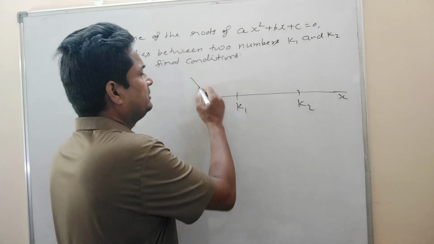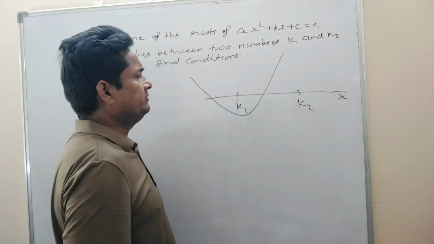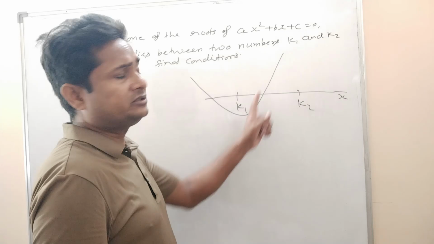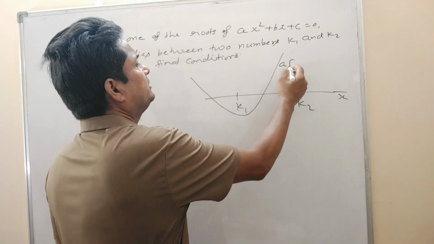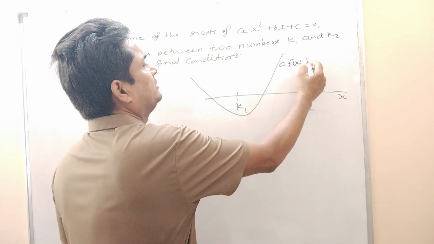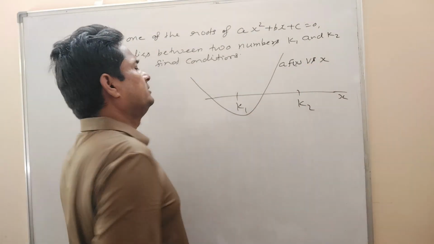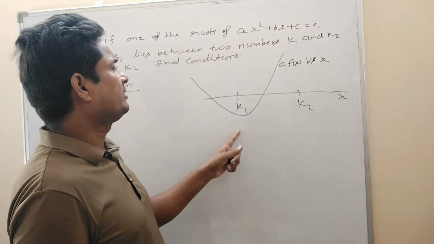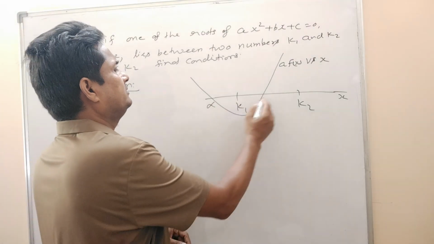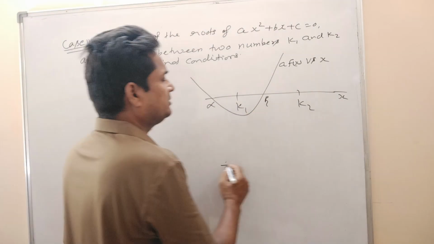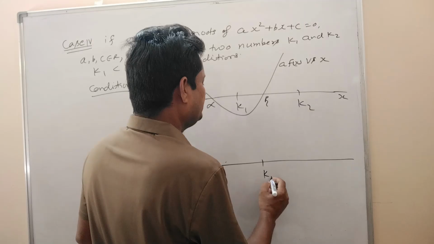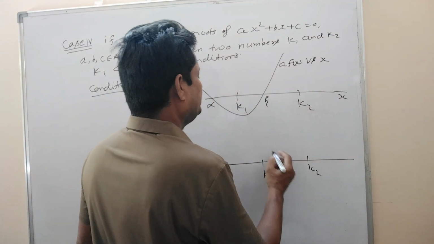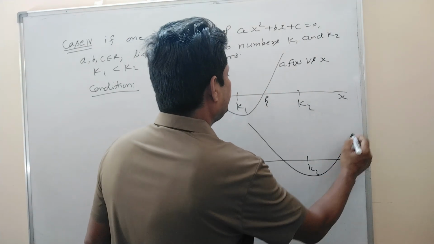One of the roots may be like this one. If the graph passes like this one, if we draw the graph of a times f(x) versus x, then this can be the case. This can be alpha, this can be beta, or there may be another case, K1, K2, this type, and the root may be like this one.